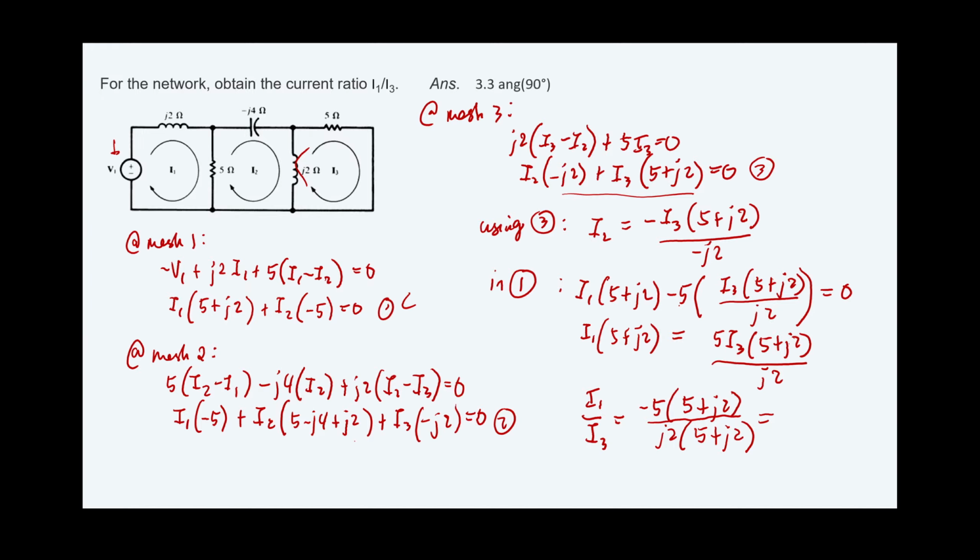I3. In the first equation, you have 5 plus J2, right? Negative 5. Actually, you can cancel the 2, right? Here and here, they have the same. So negative 5 over J2, 2i.